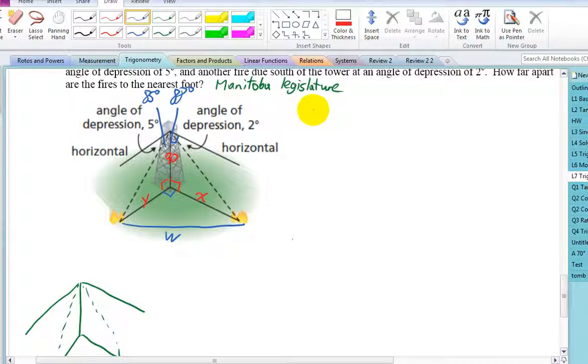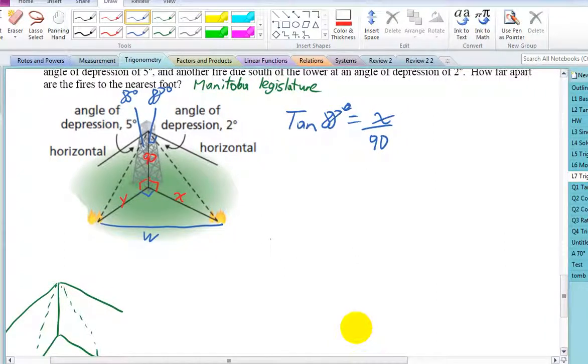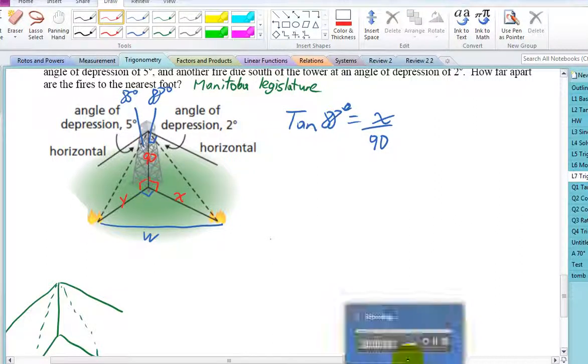So on the right triangle it will be tan 88 degrees equals opposite x over adjacent 90. The 90 is shared with both of them. So then you could find x, and you're going to do a very similar thing to find y. Okay, go ahead, try those.